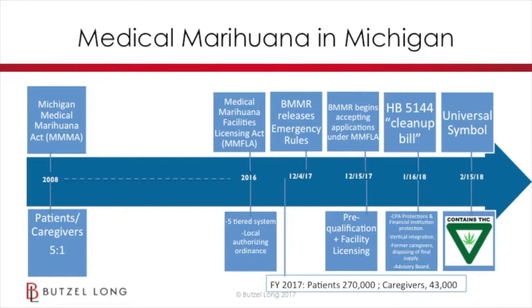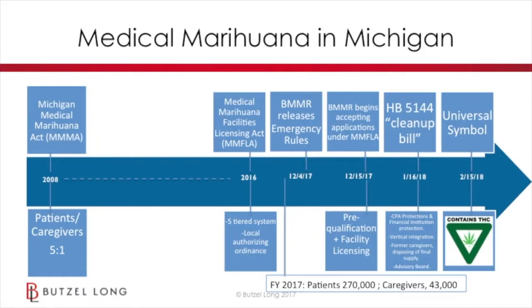Under the 2008 Act, they can bring their current supply, bring it in legally, get paid for it, and make it part of the seed to sale tracking system. So that gave us a way to really eliminate what would create somewhat of a black market for people that were transitioning from being a caregiver to a state licensed facility.